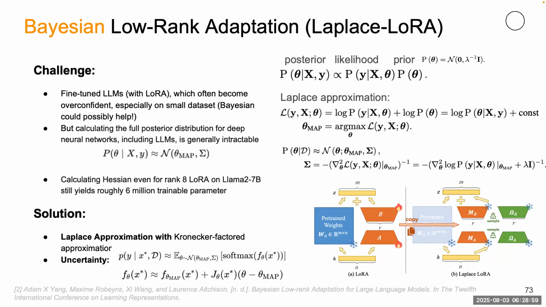This is a very classical technique to estimate the posterior distribution. I'm not going into that detail, but basically the key component is to calculate the Bayesian matrix, and with this kind of method, you will have the uncertainty estimated in this way.